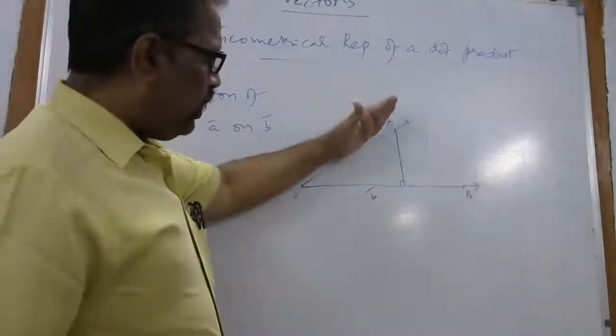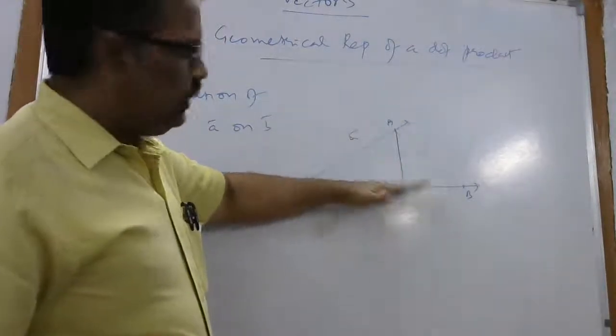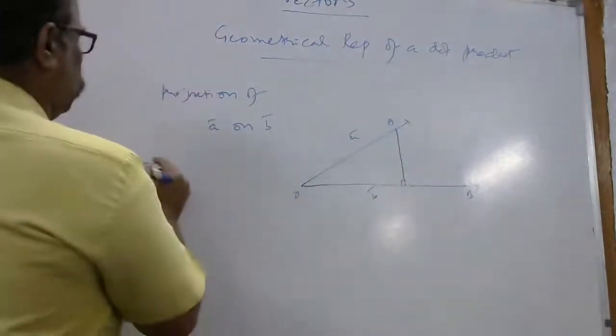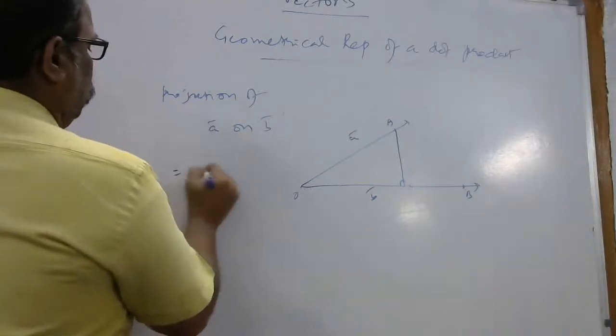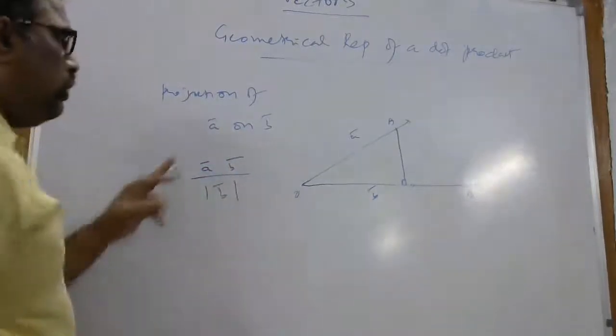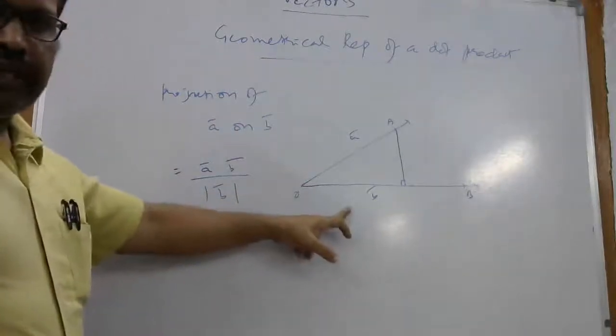This is the projection of a bar on this. That means this is falling on this, like a shadow. Projection of a bar on b bar is equal to a bar dot b bar by mod b bar, because it is on b bar, so mod of b bar will come in the denominator.